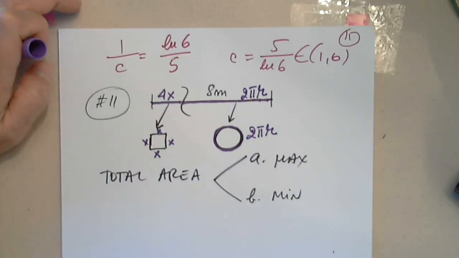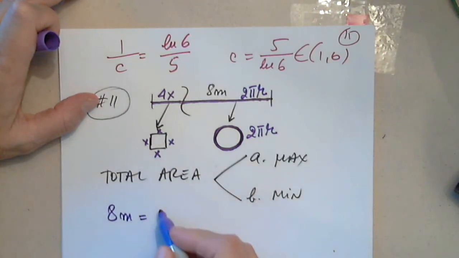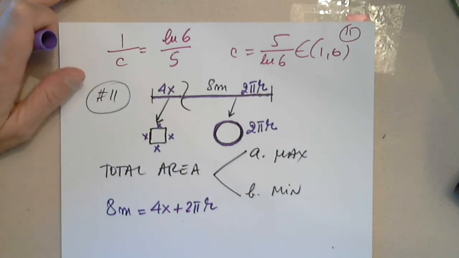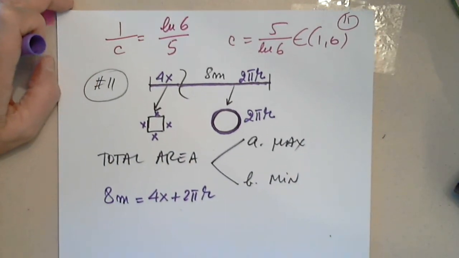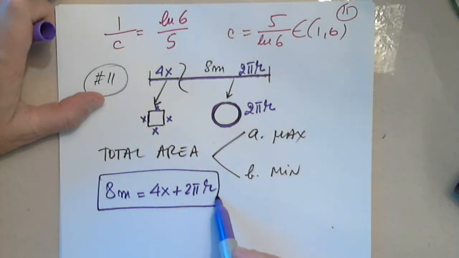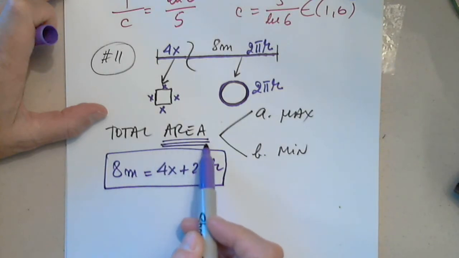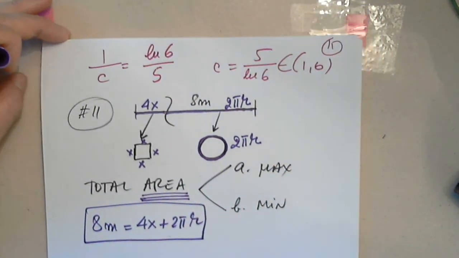So for now I know that 8 meters must equal 4x plus 2 pi r. So leave that alone for a moment. And now let's create the total area. Any questions so far?